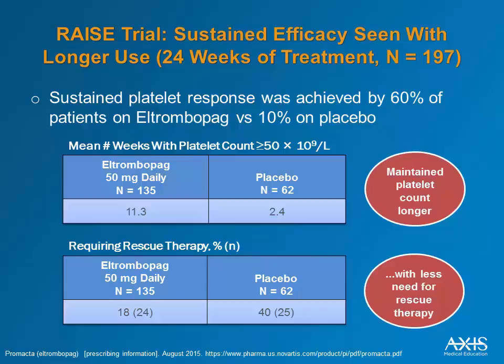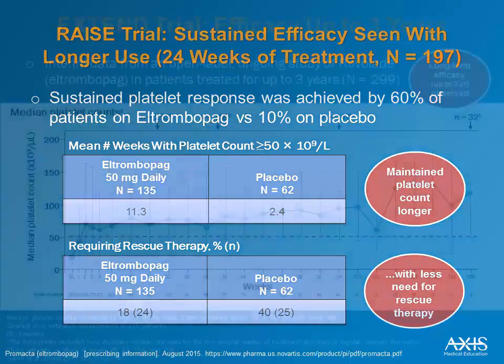Other ways of looking at efficacy over the 6 months of the study were the number of weeks with a platelet count greater than 50,000 being more than 11 on eltrombopag and only 2.4 on placebo, and the number requiring rescue therapy, which were only 18% for eltrombopag, but were 40% for placebo.